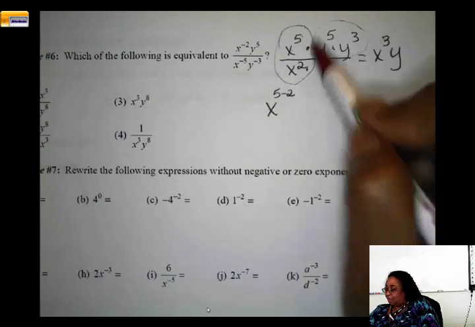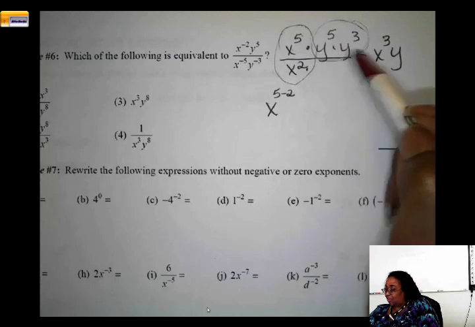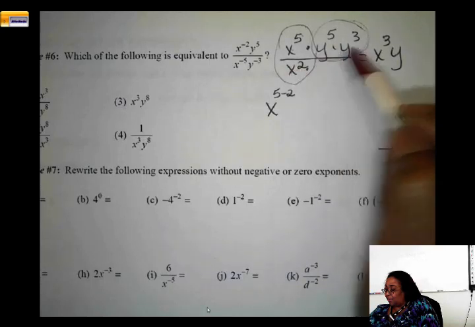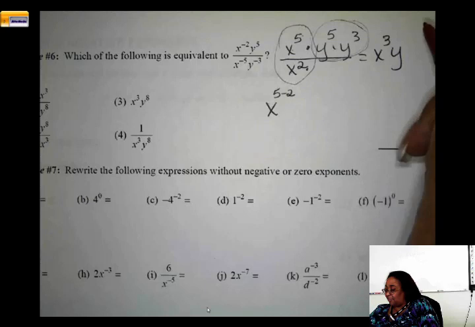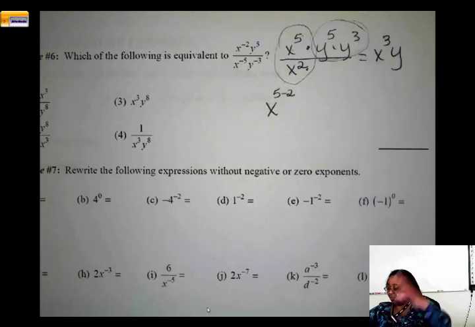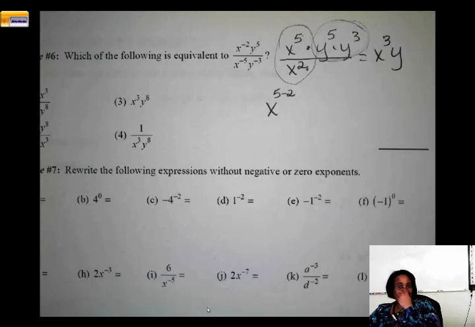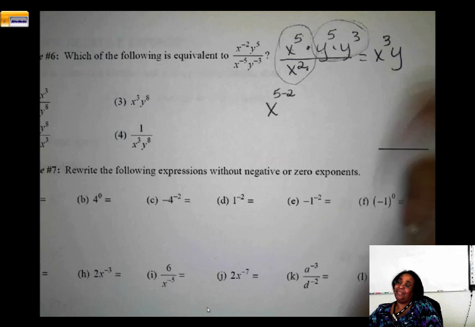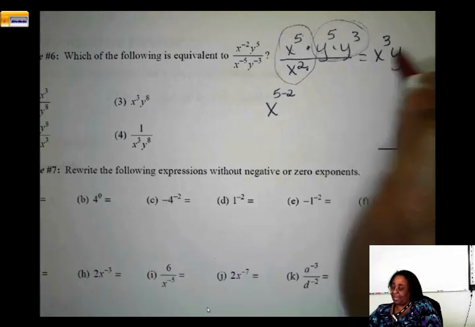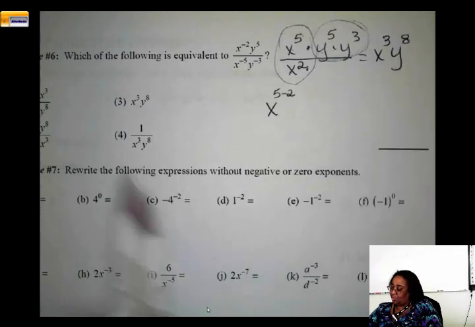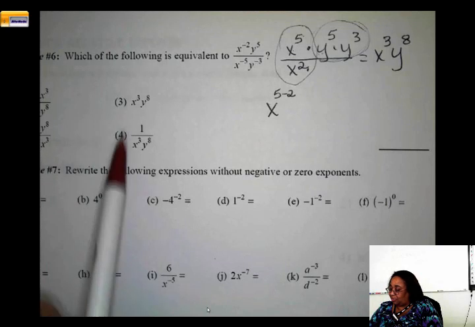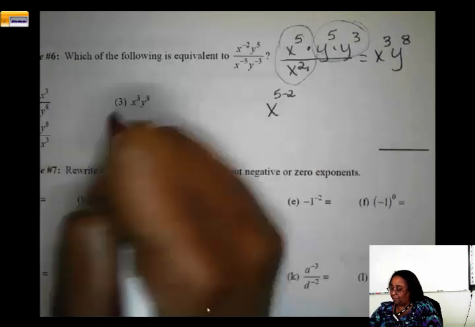They are right next to one another, so they're being multiplied, not divided. This is not to a power, this is just a product. So if it's just a product, what do I do? You add. And how much would that be? 8. So which one of these is right? Number 1, number 2, number 3, or number 4? Number 3.